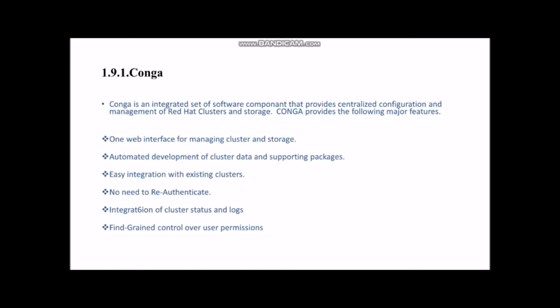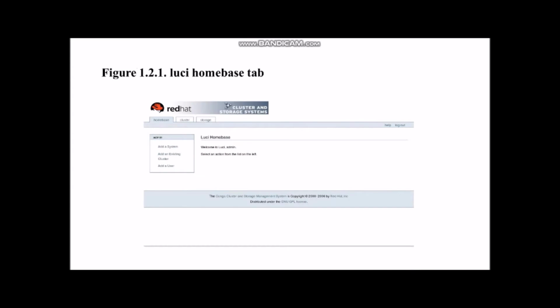Conga. Conga is an integrated set of software components that provides centralized configuration and management of Red Hat clusters and storage. Conga provides the following major features: one web interface for managing cluster and storage, automatic deployment of cluster data and supporting packages, easy integration with existing clusters, no need to re-authenticate, integration of cluster status and logs, and fine-grained control over user permissions.